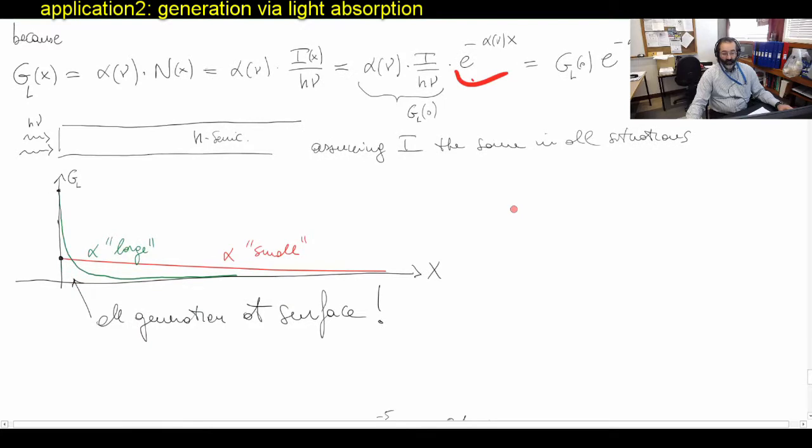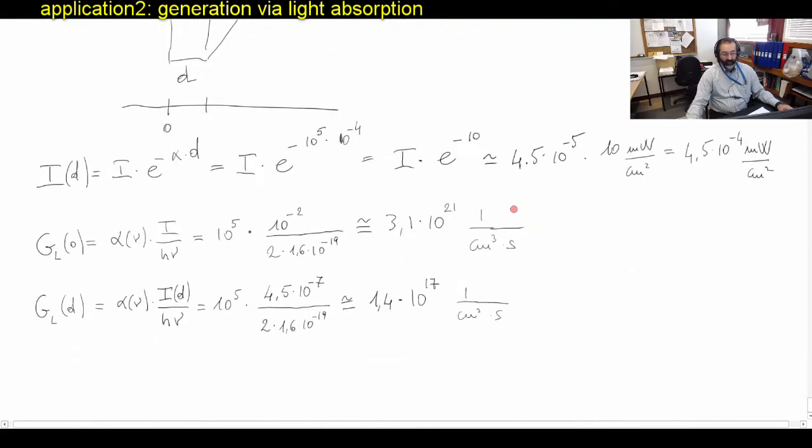And so using this, you can find that GL0 is given by 3.1 times 10 to the 21. These are generation events, so electron-hole pairs per cubic centimeter per second. And GL at a depth d is alpha times I(d) now. We found I(d) previously, so we can use that value. And so it is 1.4 times 10 to the 17 per cubic centimeter per second.